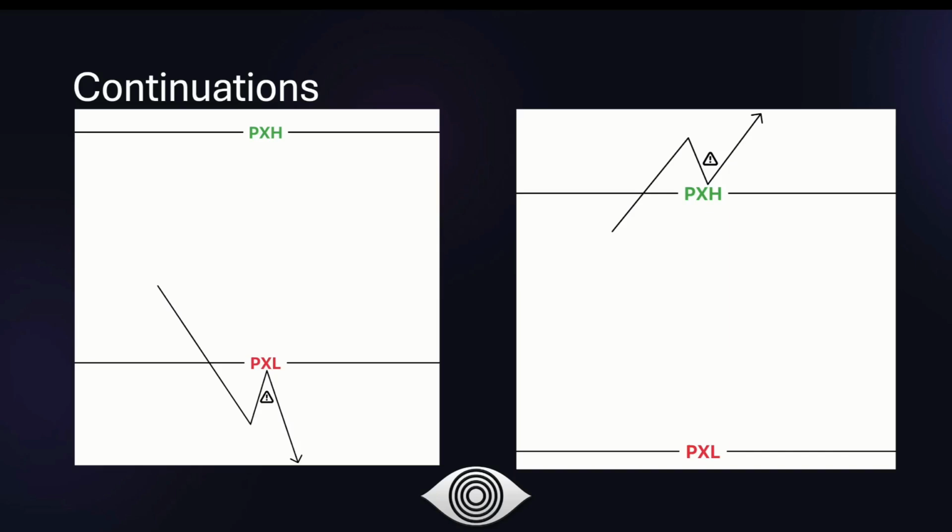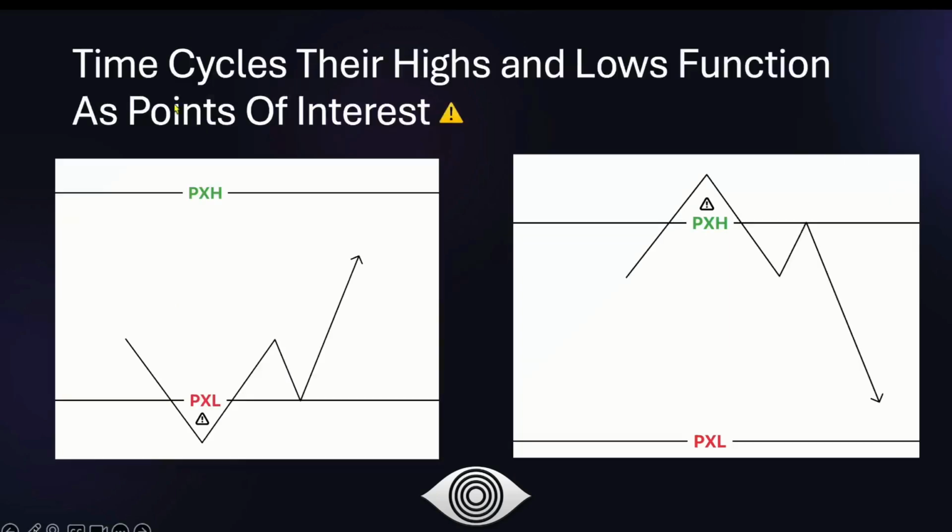So what we're now going to take a look at is the following. We're going to take a look at time cycles, their highs and lows, functioning as points of interest. I already briefly discussed this when looking at the reversal scenarios. What I've done here is put in this warning sign emoji.